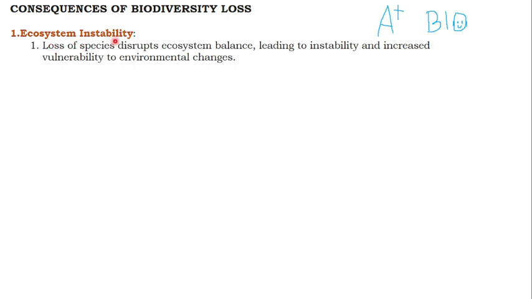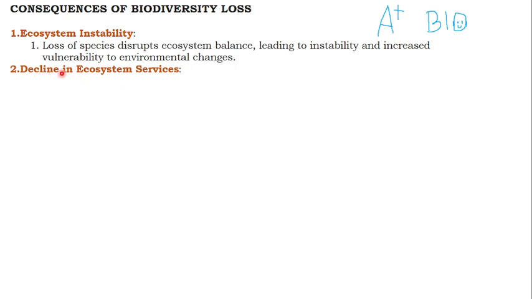Ecosystem instability: the loss of species disrupts ecosystem balance. The food web will be disturbed, leading to instability and increased vulnerability to environmental change. I hope it is understandable. Next is a decline in ecosystem services. Once you have biodiversity loss, some services are lost, as you have seen, there is a niche.